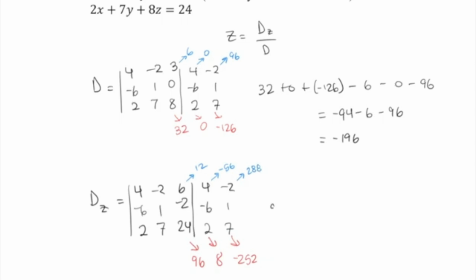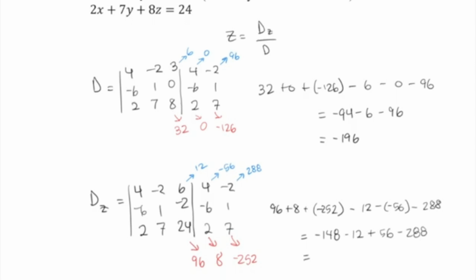So those numbers I have written in red, those add. And then the numbers I have written in blue subtract. So then 96 plus 8 minus 252. Those first three at least combine to negative 148, minus 12 plus 56 minus 288.